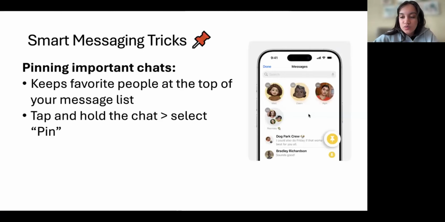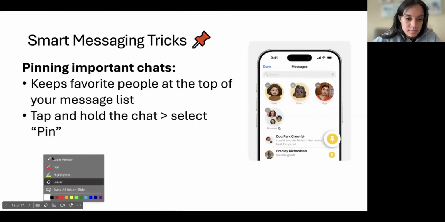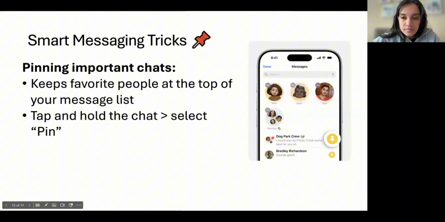And we're choosing whoever's our favorite, holding it down, and they will be underneath. When we hold it down, it will say the word pin, and it will appear at the top of the screen if we decide to pin them. Any questions on that from anybody in the class?